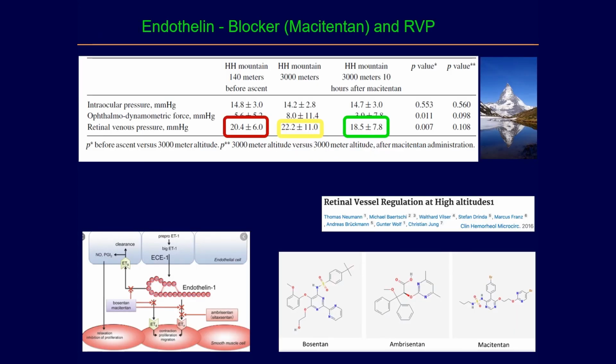These authors here took a group of volunteers with a mountain railway to an altitude of 3000 meters and observed an increase of RVP, which decreased again under therapy with an endothelin blocker. While this helps us to understand the regulation of the retinal venous pressure, it is unlikely that ET blockers will be used for this indication in the near future.